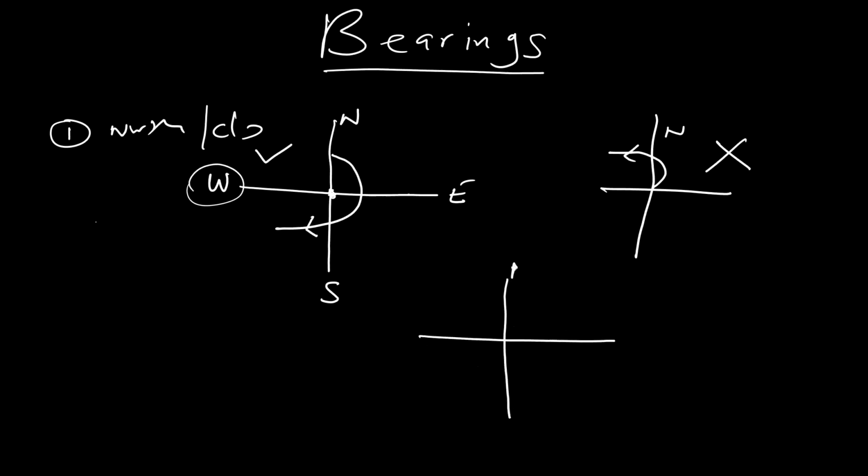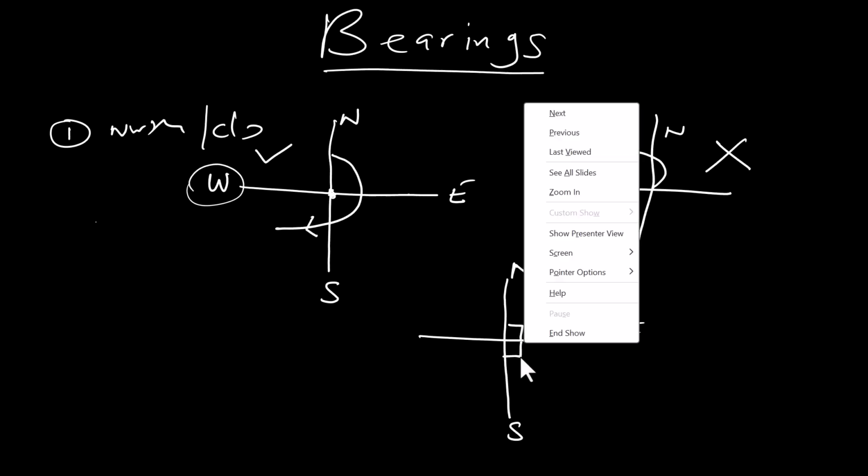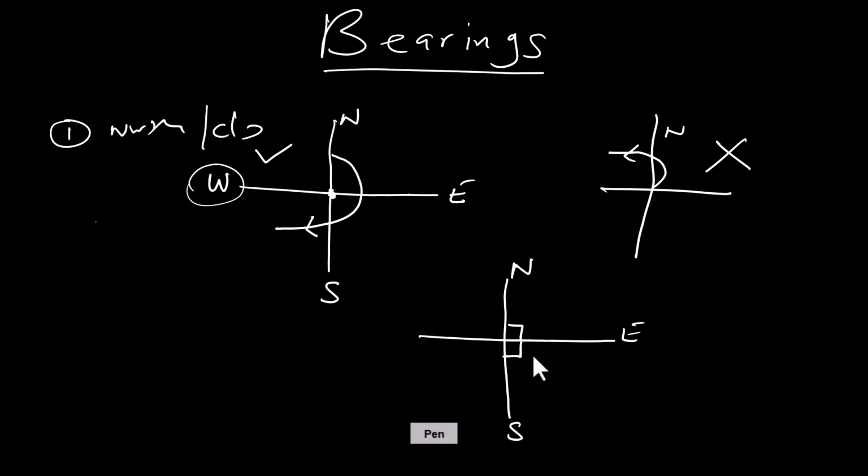Now, from the north to east is 90 degrees, and from north to south is 180. It means that east to south is from 90 degrees.